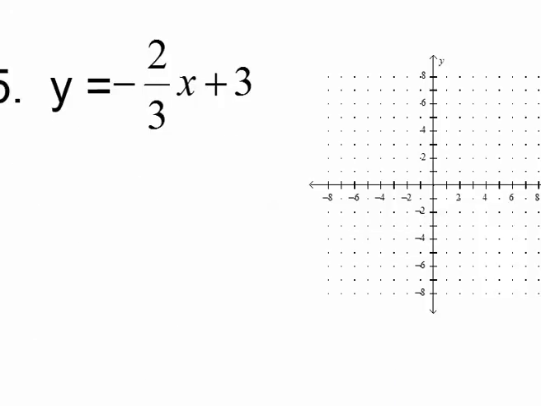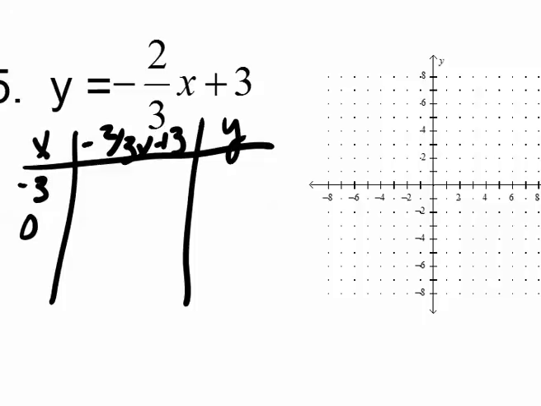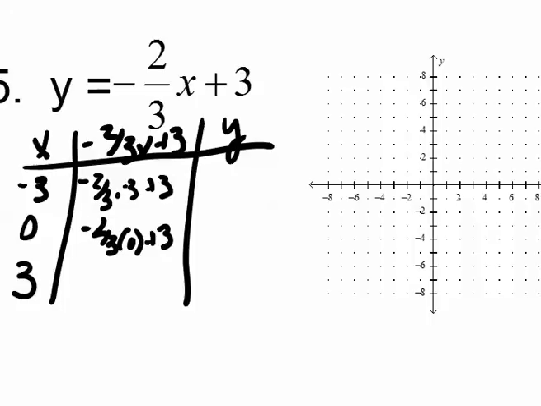Once again, when you come to these, you might want to stop the video, try one yourself, and then see if your results match ours. x, negative 2/3 x plus 3, and y. I'm going to go negative 3, 0, 3. Negative 2/3 times negative 3 plus 3, negative 2/3 times 0 plus 3, negative 2/3 times 3 plus 3.